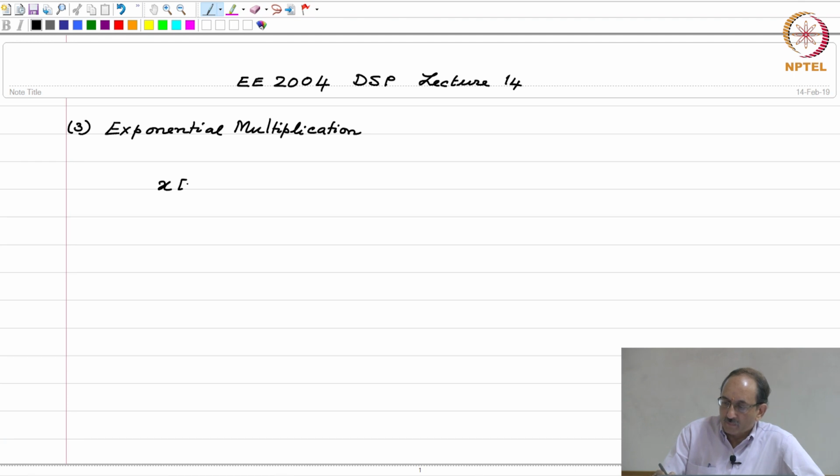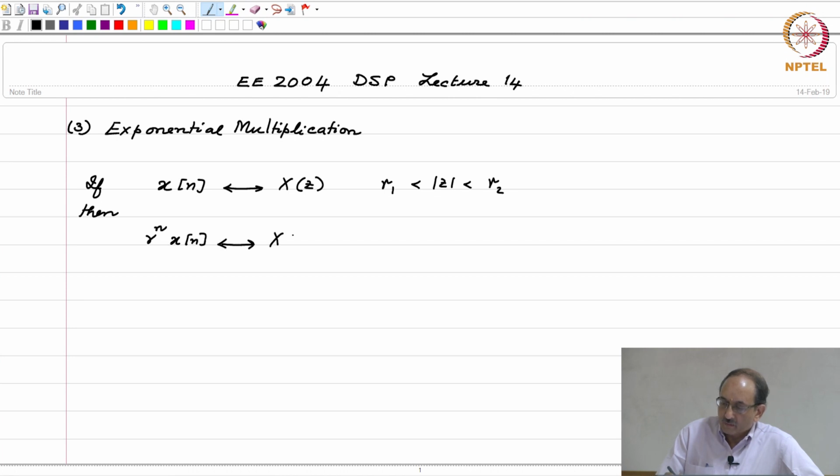Suppose you had x of n with Z transform x of z with this given region of convergence, then gamma power n x of n has Z transform x of z by gamma, and the ROC gets modified to this.